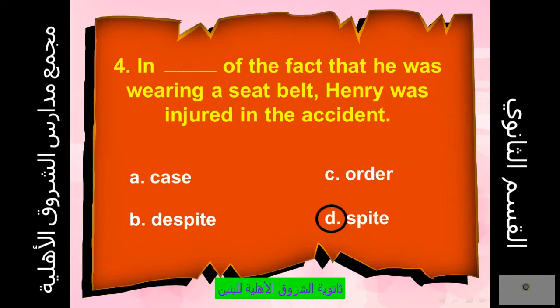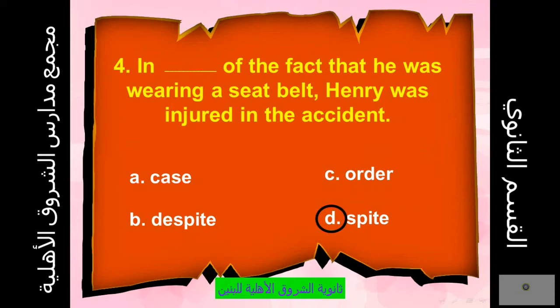This sentence is called contradictory. We have two sentences here. That he was wearing a seat belt. The second sentence, he was injured in the accident. So the second sentence contradicts the first one. So we have to use in spite of. When we use in spite of, it must be followed by a gerund or a noun.